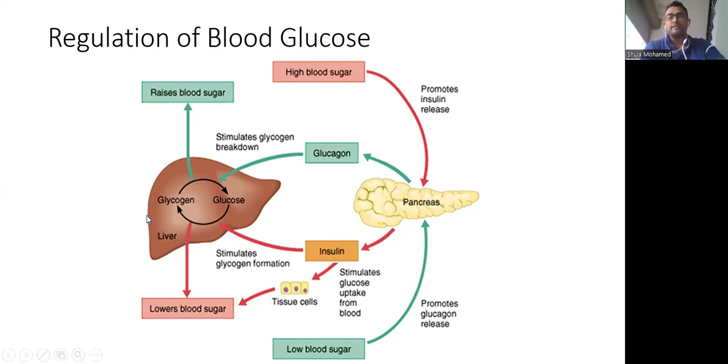When this does not happen, your blood sugar level is going up. So by your own negative feedback mechanism, we call it hyperglycemia, or in other words, diabetes mellitus.